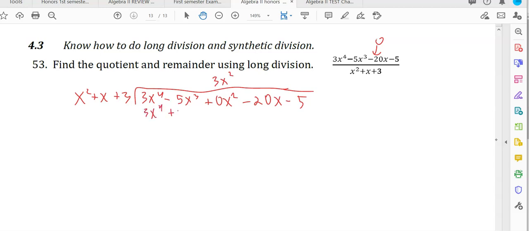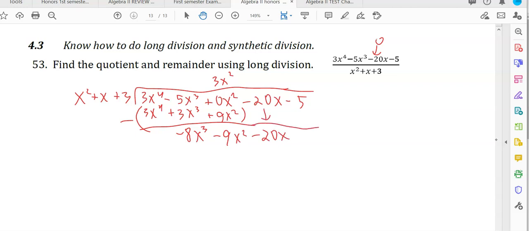Multiply that, so you get plus 3x to the third plus 9x squared. Negative 8x to the third minus 9x squared minus 20x. Bring down the next term. You can bring down both of them if you want. That'd be minus 8x.